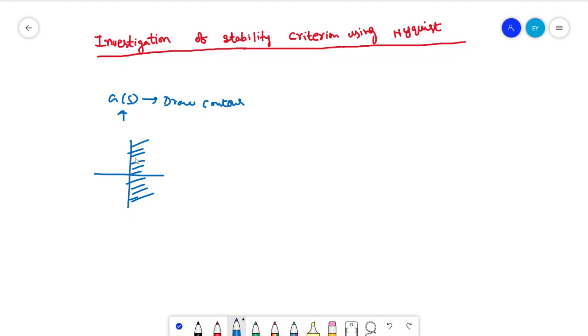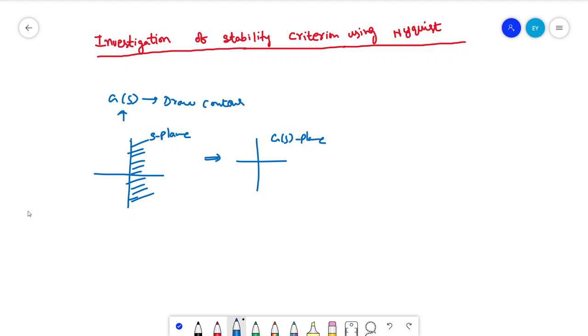Okay, the reason is that in Nyquist stability criteria, we are trying to check the stability conditions based on right hand side zeros and poles, right? So what we are trying to do is map the contour in the S plane, and represent this in the G of s plane, right?